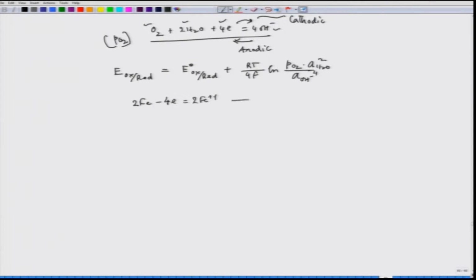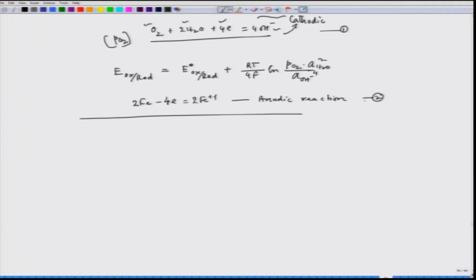This is my anodic reaction and the cathodic reaction is this one. So, if we add them, consider this as 1 and this as 2, then we get iron plus oxygen plus 2 H2O equal to 2 Fe(OH)2.